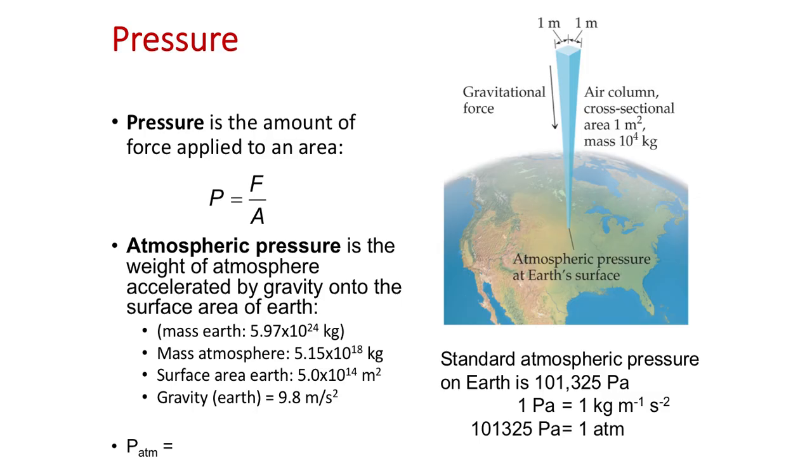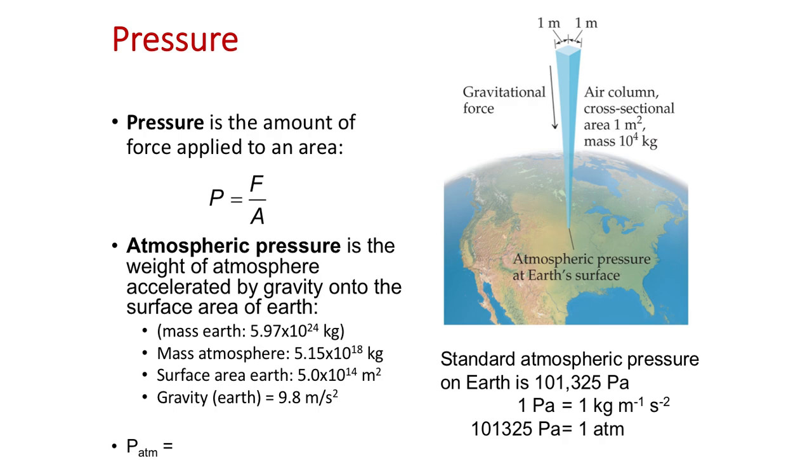So the mass of the Earth is a lot bigger than the mass of the atmosphere. The atmosphere's mass is like 6 orders of magnitude smaller. That probably makes sense. And so the mass of the atmosphere is about 5.15 times 10 to the 18 kilograms.